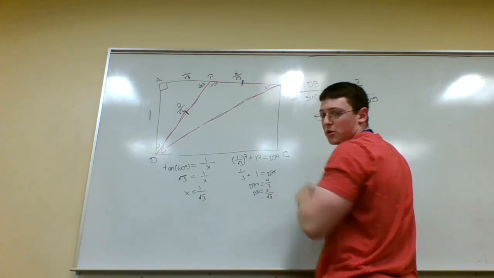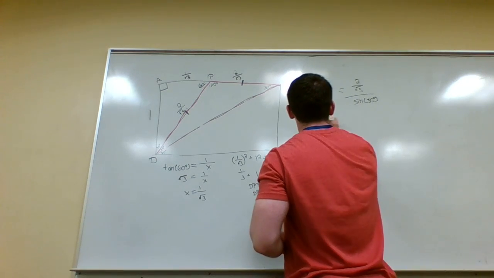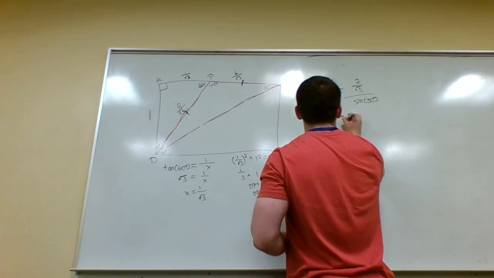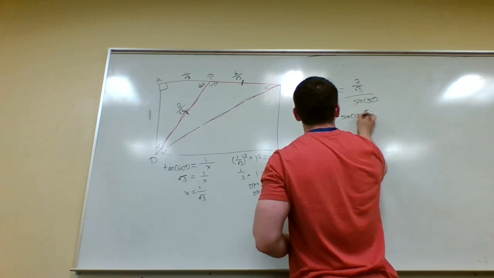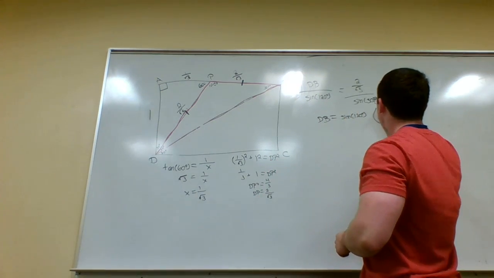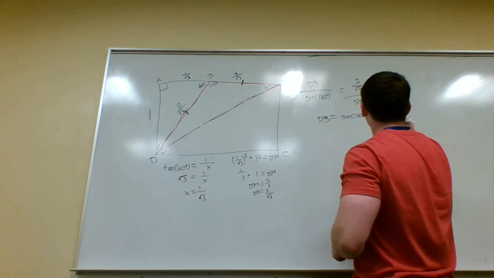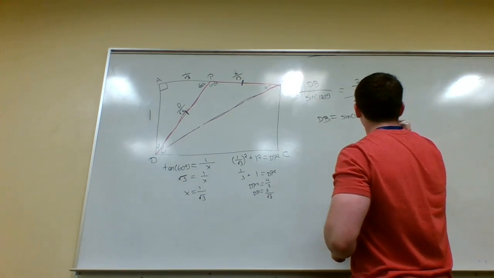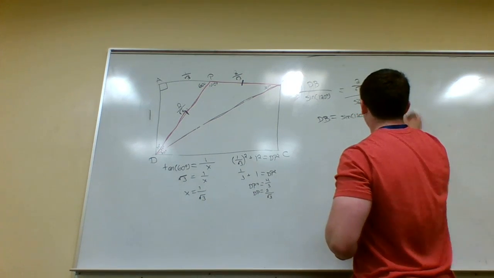These are all reference angles we know, that's why I found this the easiest way to do it. So DB is equal to sine of 120 degrees times 2 over the square root of 3 over the sine of 30 degrees.